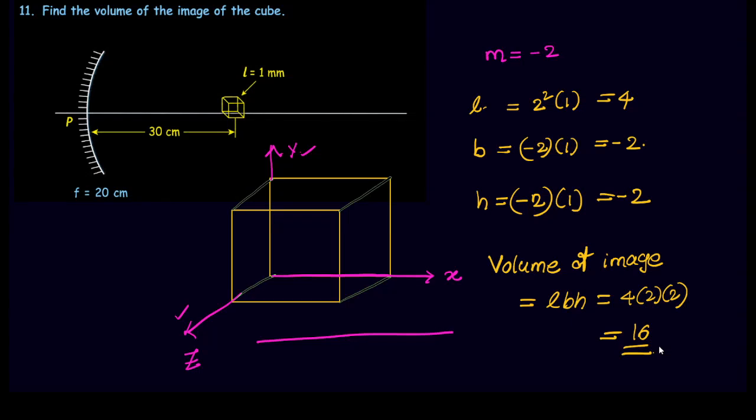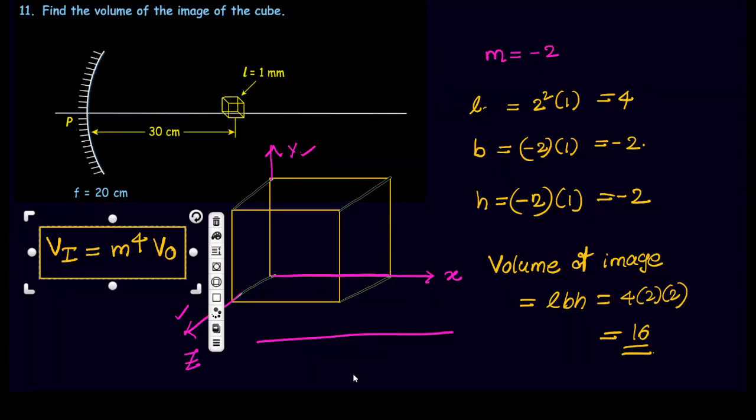And simply what we can write here, the volume of the image is equal to m power 4 times the volume of the object.